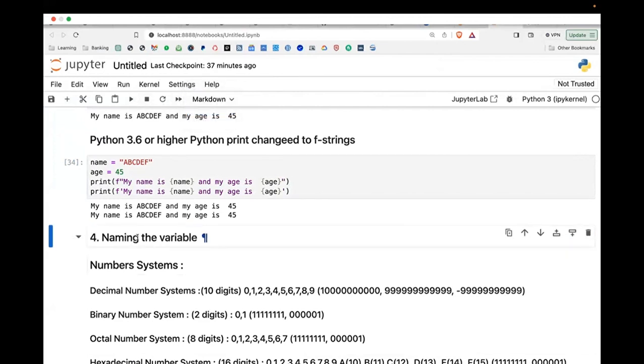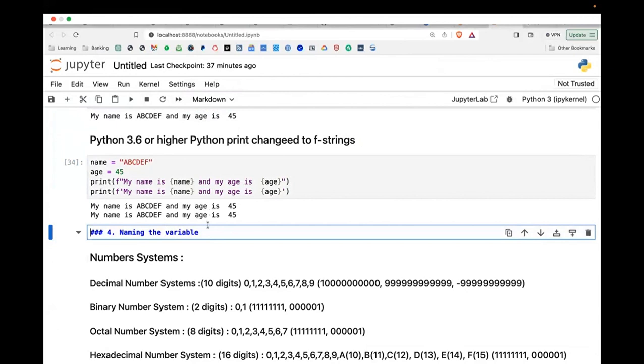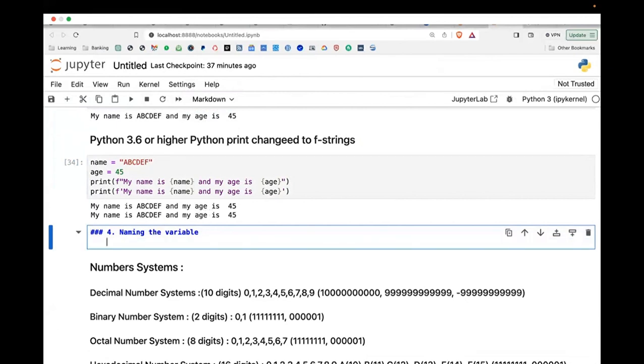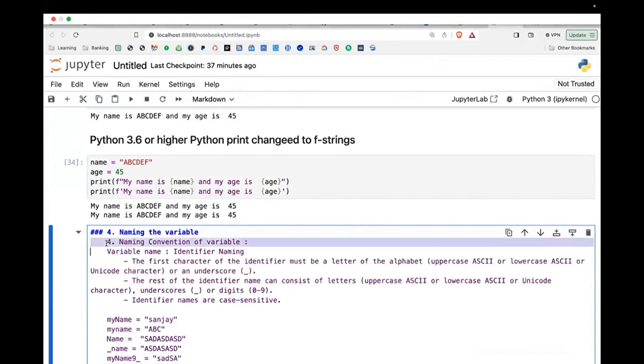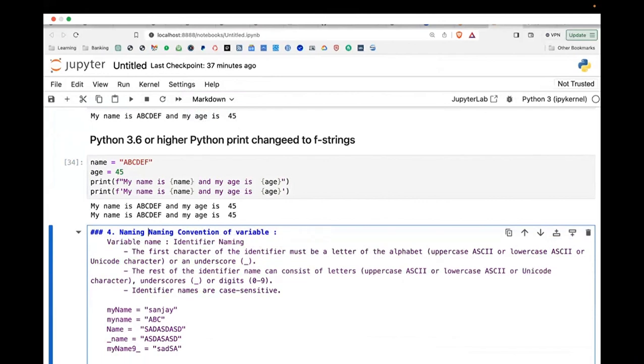You need to remember those rules. It would be easy for your life. These are the naming conventions of the variables, and variable names or identifier names have these three rules.